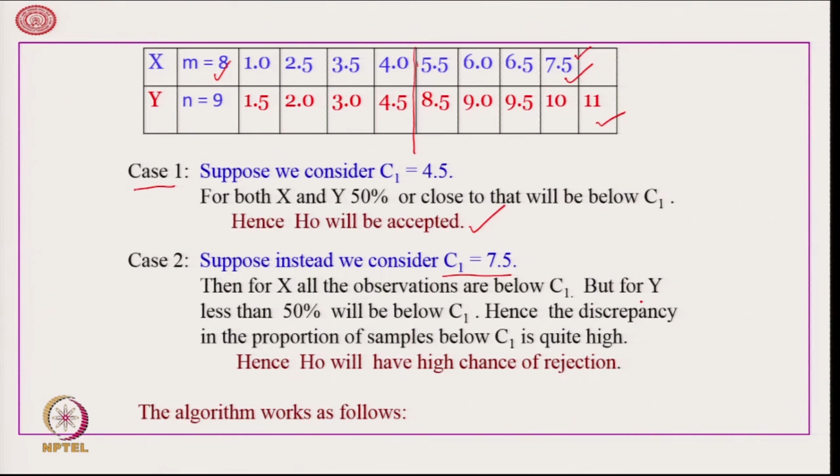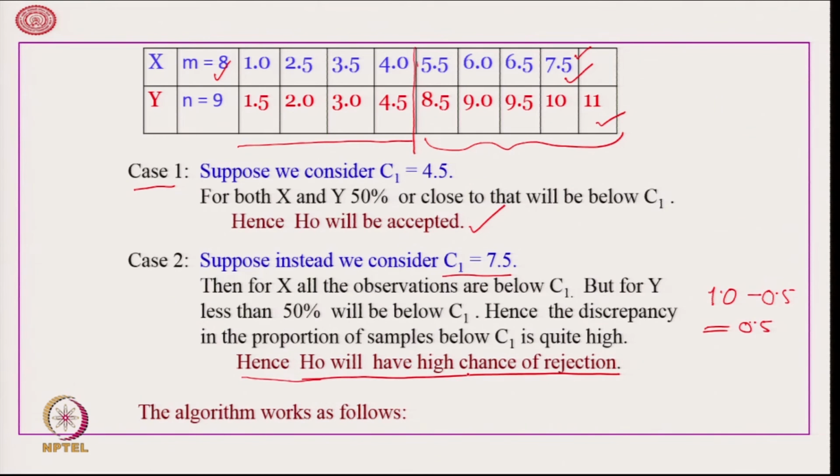With respect to y, we can see that just 50% of them are below 7.5, because the remaining 5 observations are all bigger than equal to 7.5. Therefore, the difference is going to be 1 minus 0.5, that is equal to 0.5. And therefore, I feel that H naught will have a high chance of rejection.